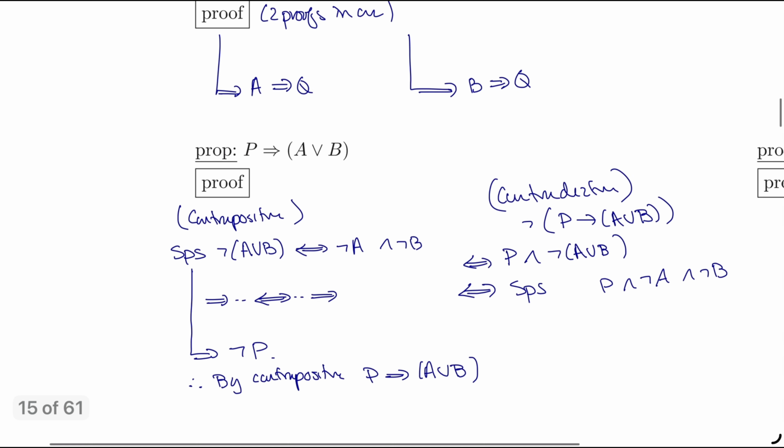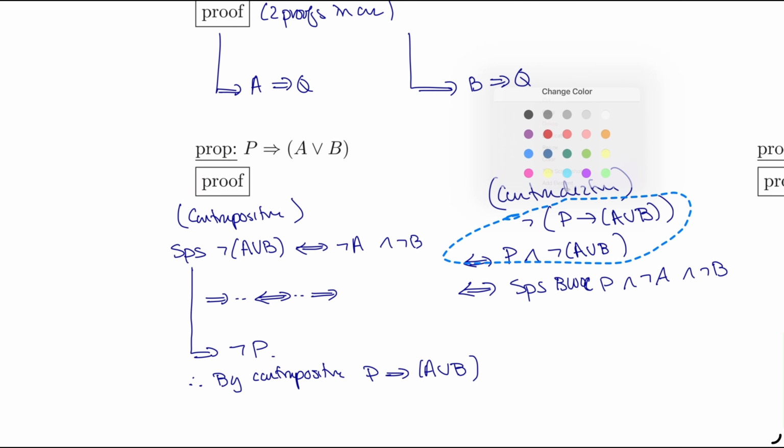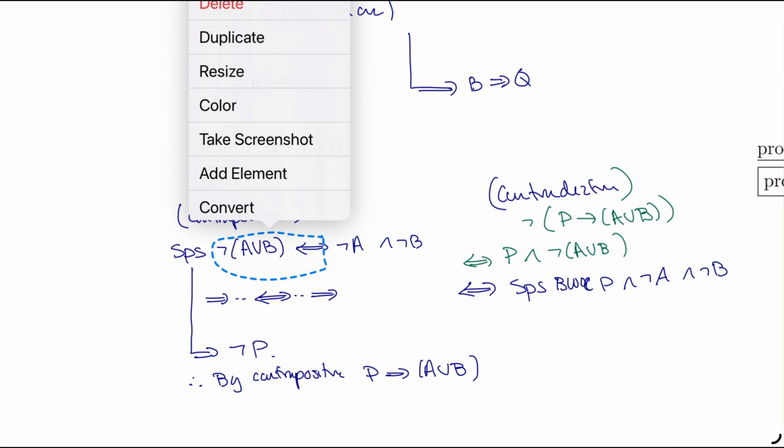So suppose by way of contradiction, P and not A and not B, but that's valid by these logical equivalences. Similarly here, this is what I would suppose, which would be valid because of this logical equivalence.